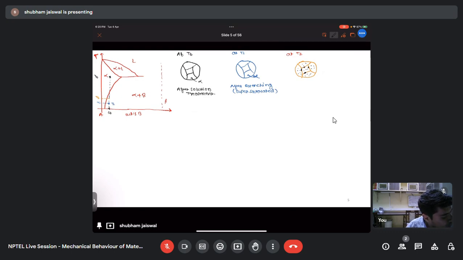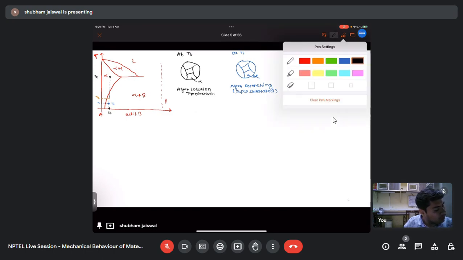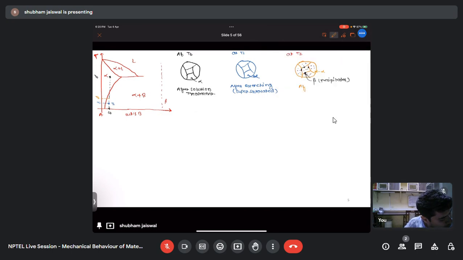This is my alpha and this black one is beta. So this is beta, or precipitates. This one is after aging. This is how the microstructure will look if the precipitates are formed.